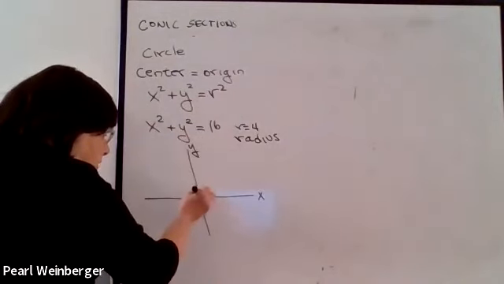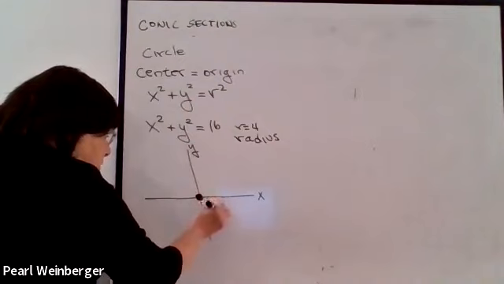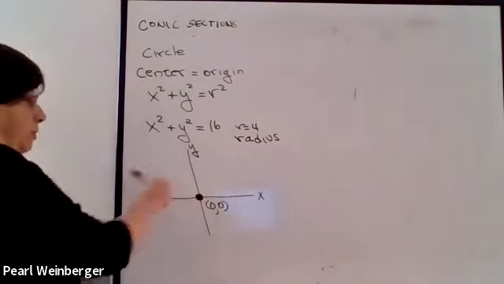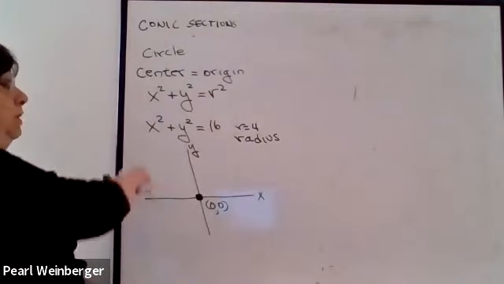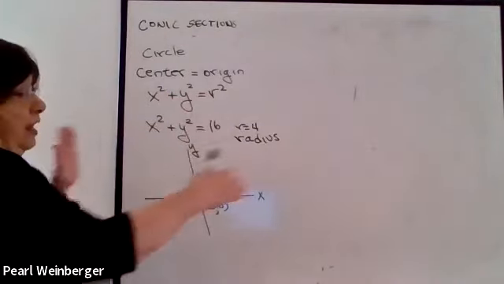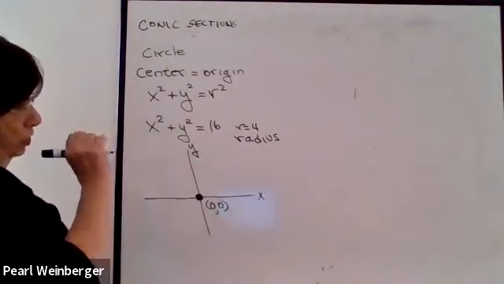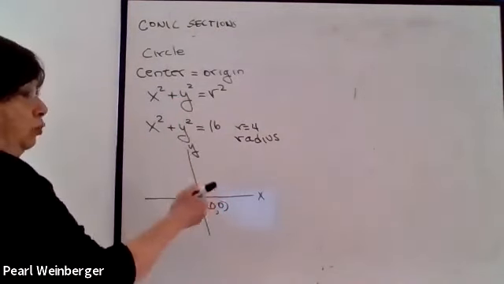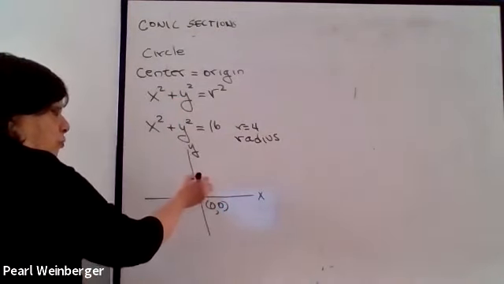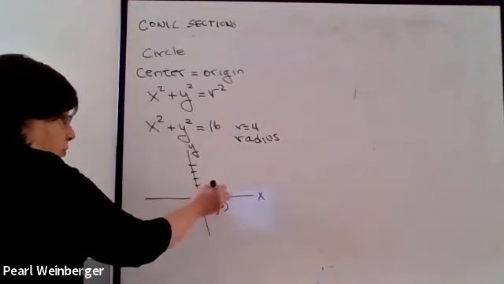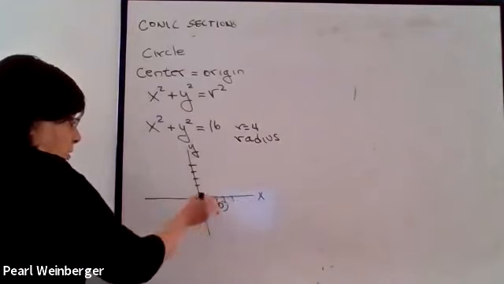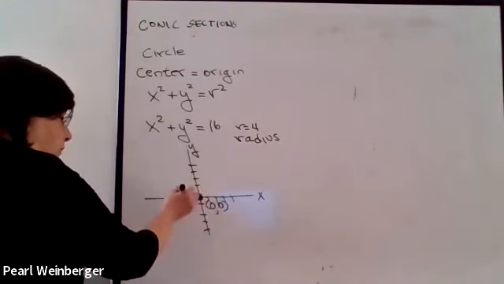Remember, the origin is right here at the point 0, 0. And the radius is 4, which means it goes out 4 in every single direction. So if I want to graph it, I'm going to mark 4 in all 4 directions: 4 up, 4 to the right, 4 down, 4 to the left.